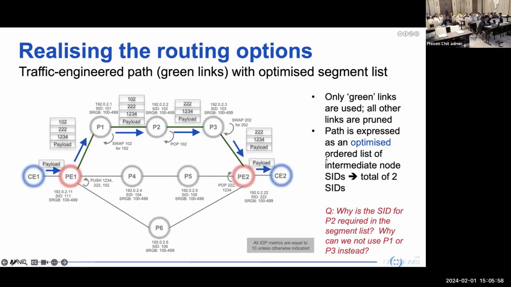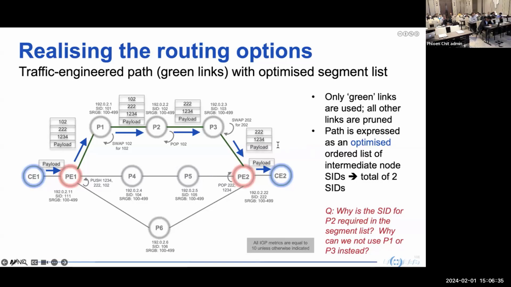If we use P1 instead of P2, from PE1 to P1 is fine, because they are directly connected, so this will be the shortest path. But from P1 to PE2, it's not sure that it will go this way, because from P1 it can go one hop, two hop, three hop, or it can go another way. So if we use only P1, then it will have the equal cost path.